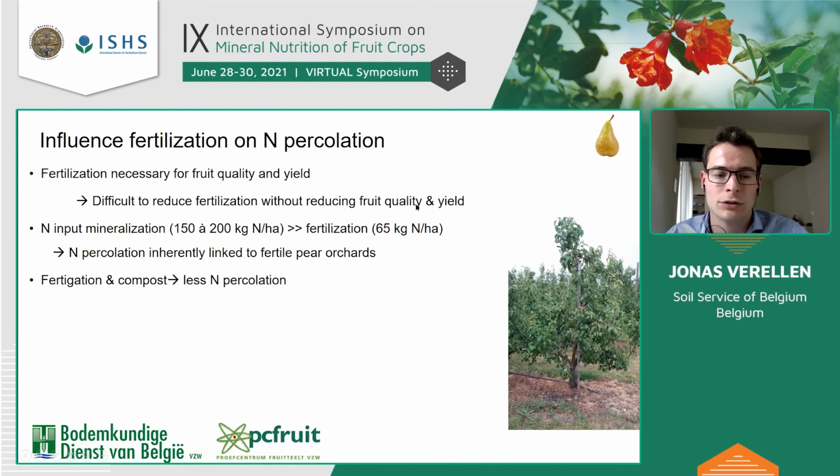So we can conclude that nitrogen percolation was inherently linked to fertile pear orchards with an optimal carbon content. It must also be mentioned that previous research has shown that fertigation and compost can limit nitrogen percolation, so this can be used to limit nitrogen percolation in the future.